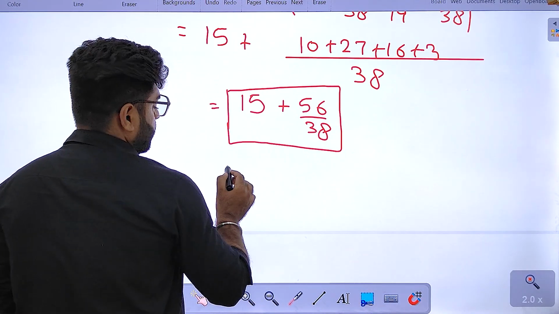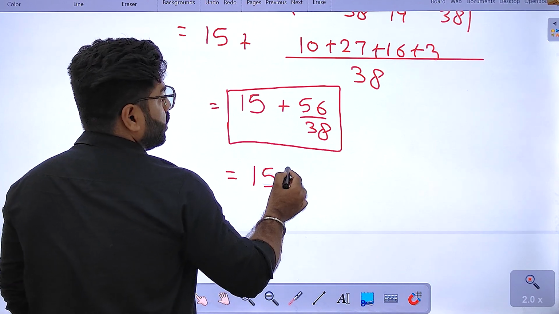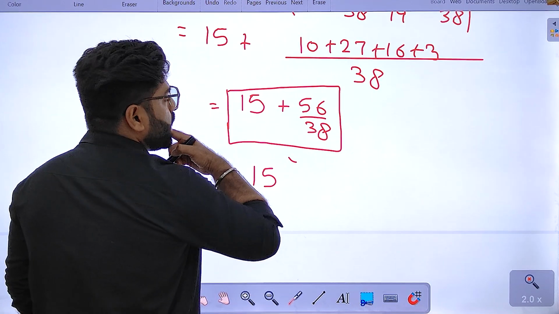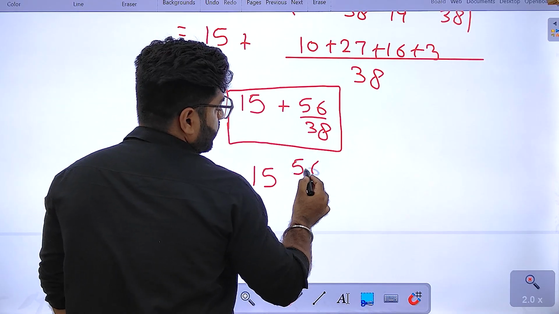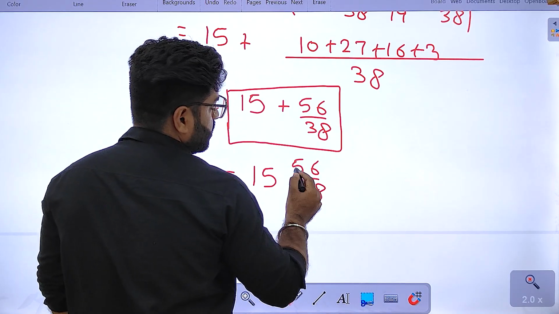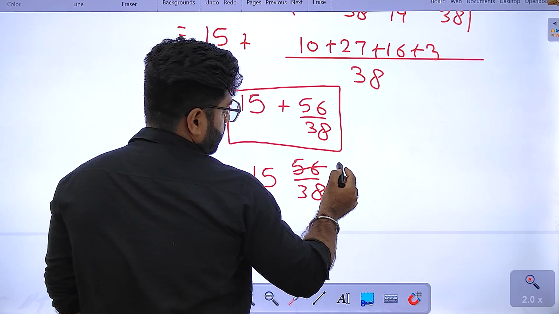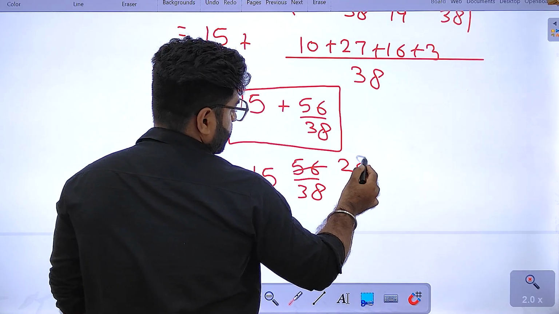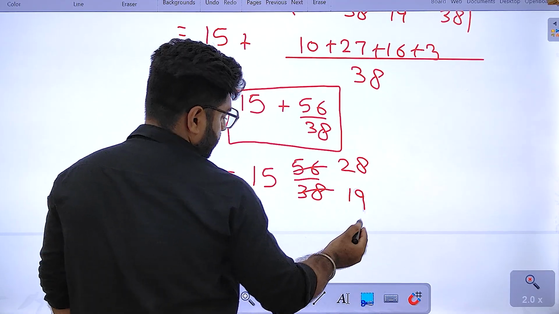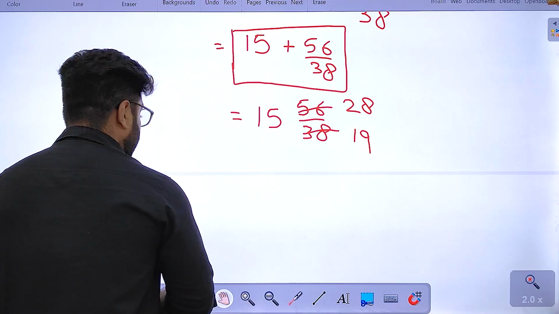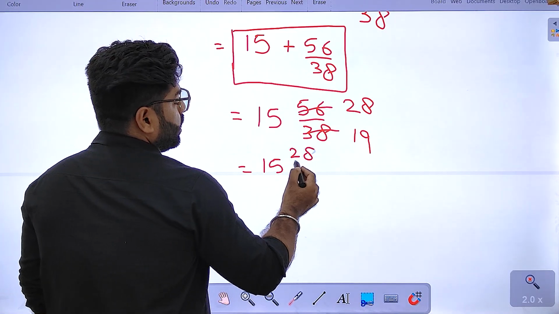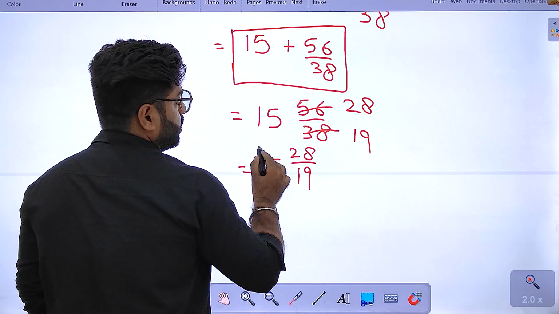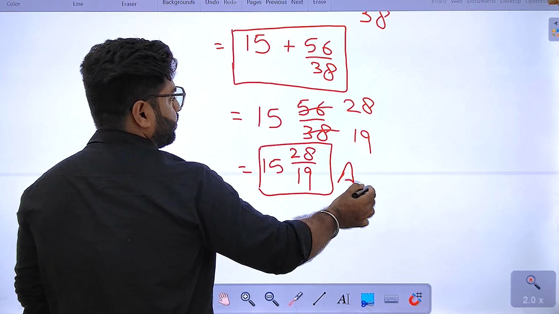So we can solve it further: 2 fours are 8, 2 fourteens are 28, 2 nineteens are 38. So we are having our final answer, that is 15 28 by 19. This is our answer. Clear?